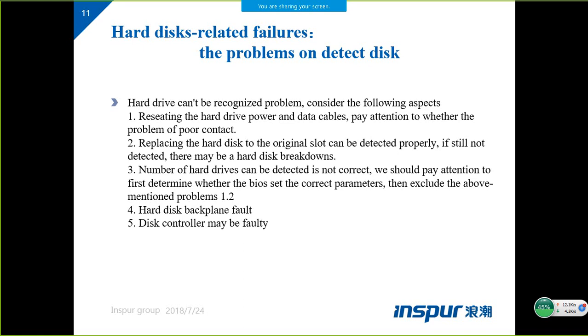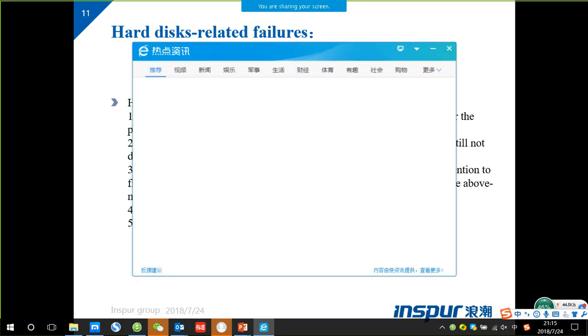And second, try to replace the hard drive to the original slot can be detected. For example, you can't detect slot 1 hard drive in the RAID card, but you can recognize the hard drive in the slot 2. So you can swap the slot.